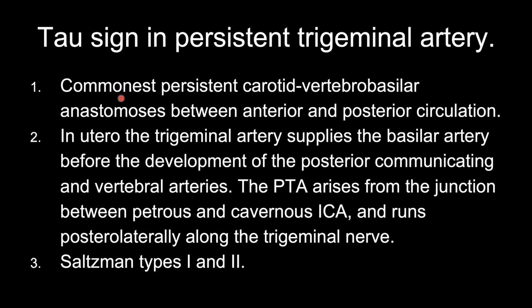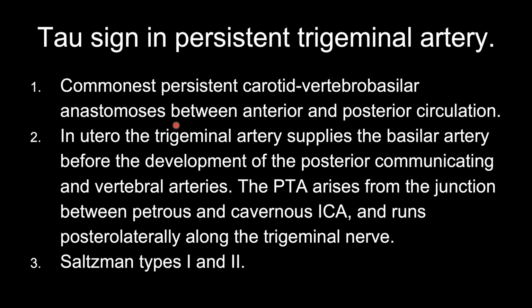Persistent trigeminal artery is the commonest persistent carotid-vertebrobasilar anastomosis. In the fetal circulation, there are multiple of these communications in the anterior and posterior circulations, which get resolved or resorbed in adult life. If they persist, they can give rise to these not so common vascular channels.